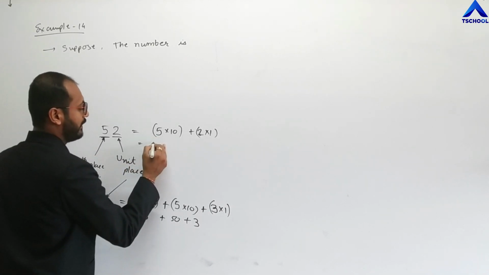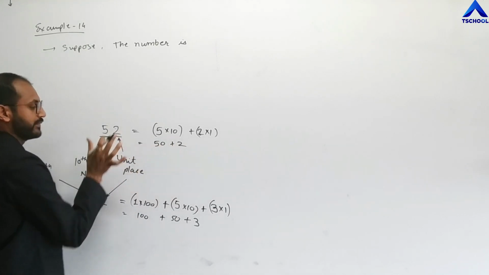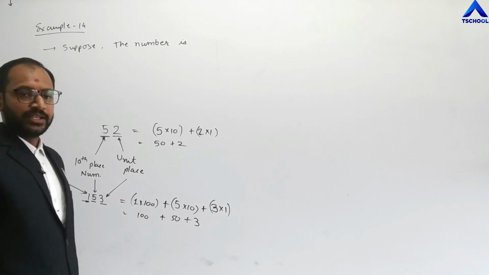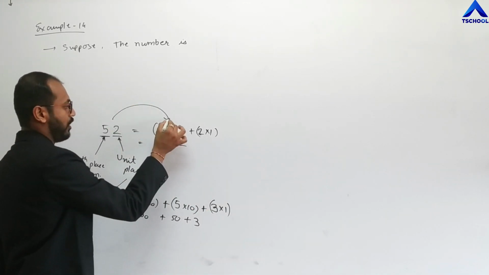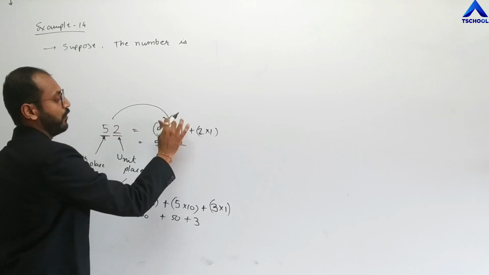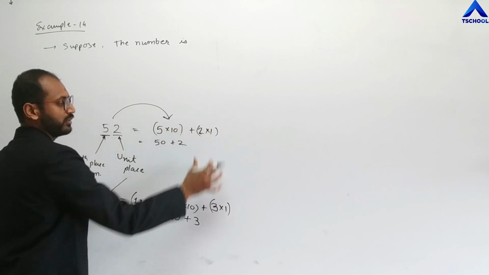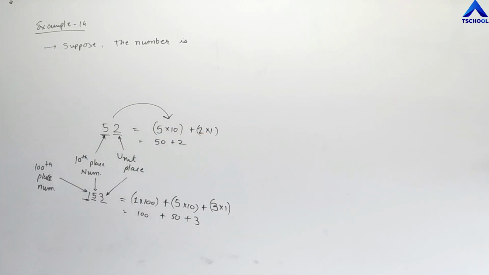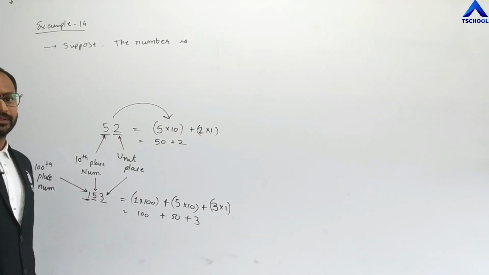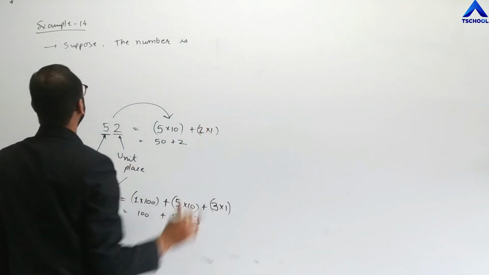Similarly here, 5 tens are 50 plus 2, which gives 52. So this is the conversion of a given number into its expression form. Now we can add two different numbers in this format.